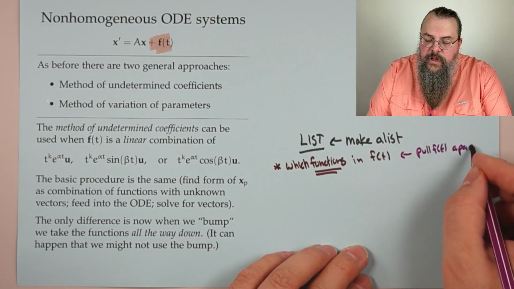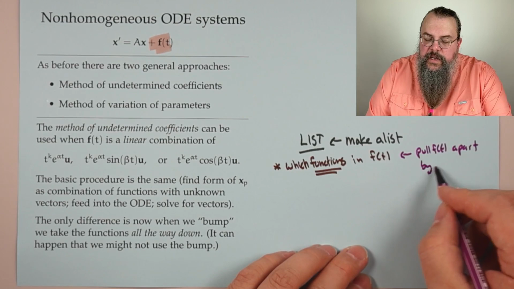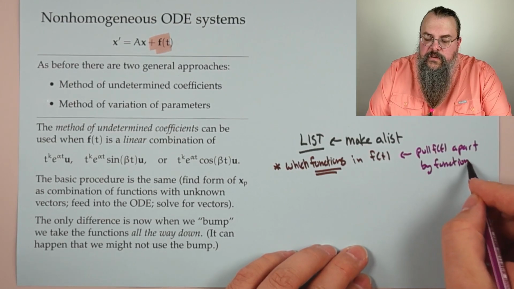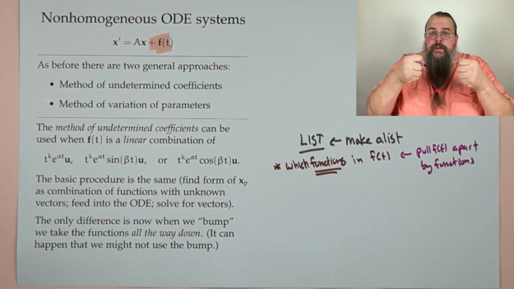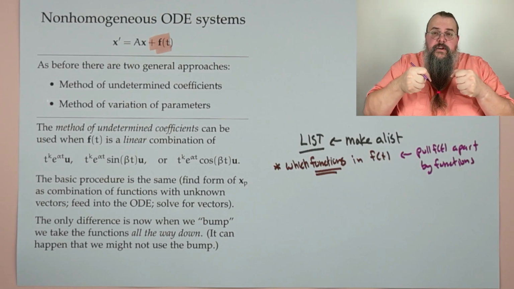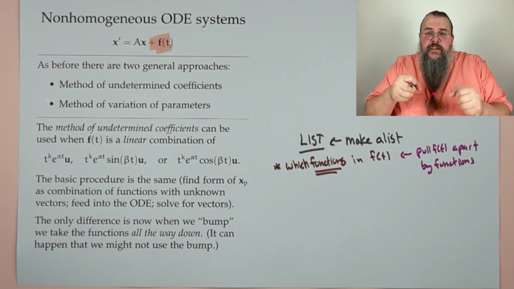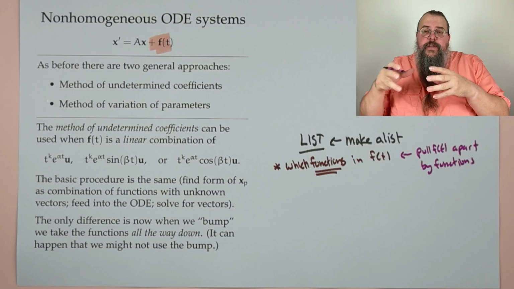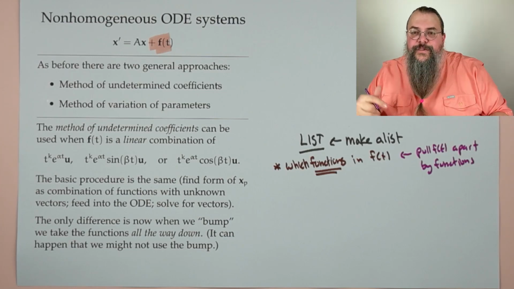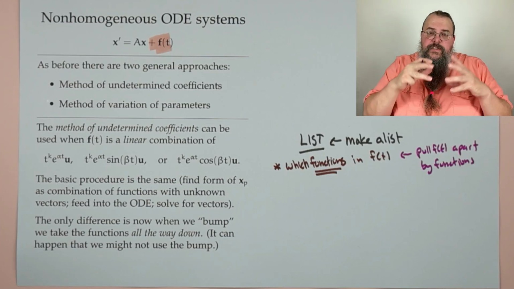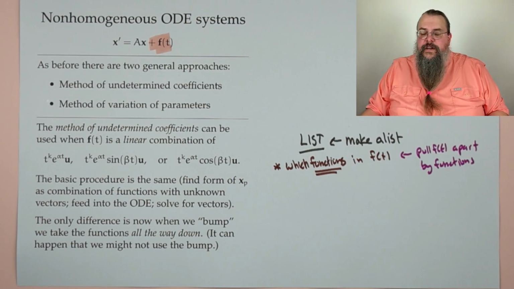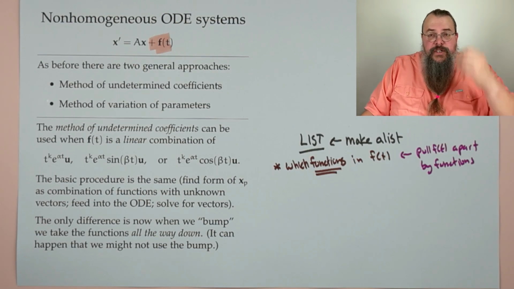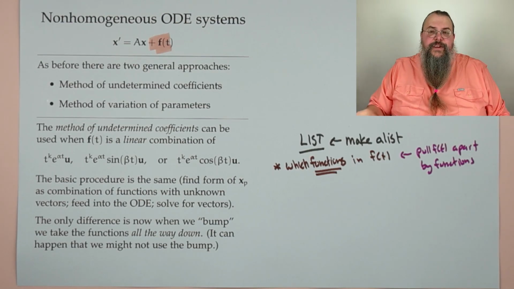By that I mean pull it apart by the functions involved. If I see multiple functions, I'll grab everything which has an e to the t, and that becomes its own part. Everything with a t becomes its own part, and so forth. That just says which functions are there, and now that you've identified the functions, that goes into your list.